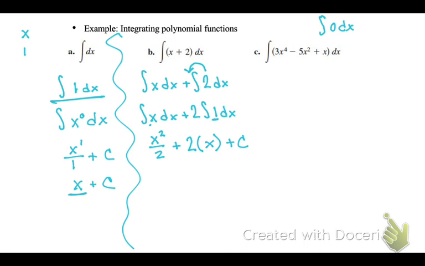You notice I only put 1 plus c, yes? Now, this is why, because there's a plus c here. But if I have a plus c and a plus c, don't I still have just 1 c? Yeah, you still have just one constant because you would combine them. So you just put c one time. Make sense? Yeah. Okay, so probably want to simplify this a little bit. 1/2 x squared plus 2x plus c.